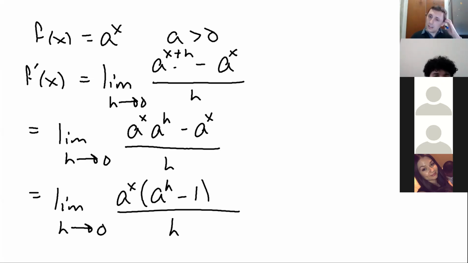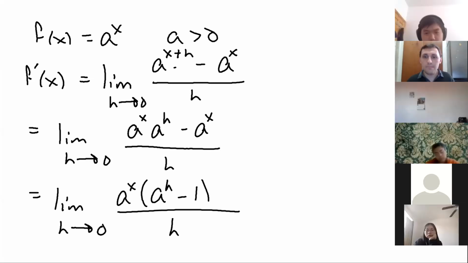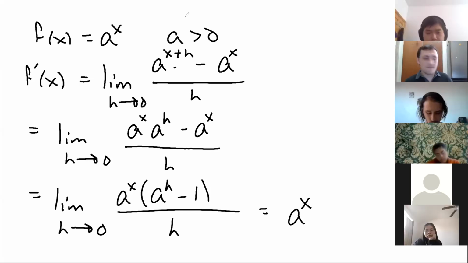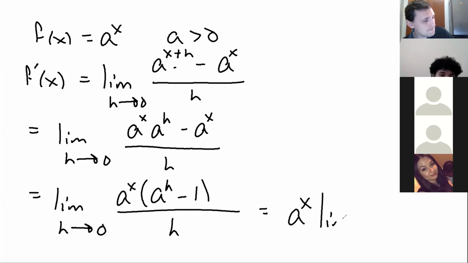Good. Do you understand so far? And I factor it out, because look at it, the limit is only interested in h. Limit as h goes to 0. And what do I see here, guys? I see this, a to the h minus 1 over h.